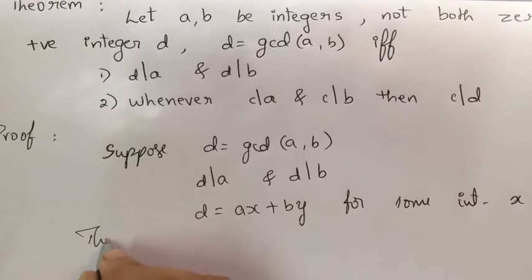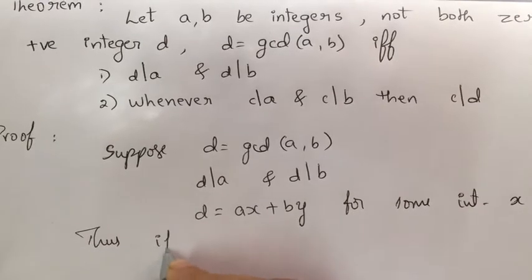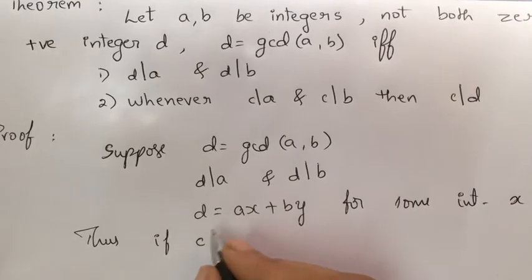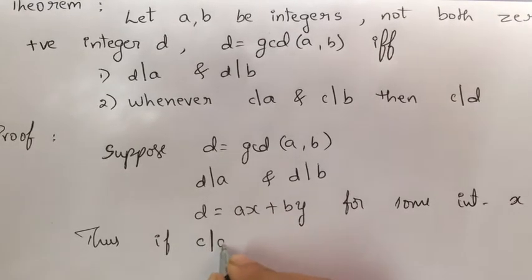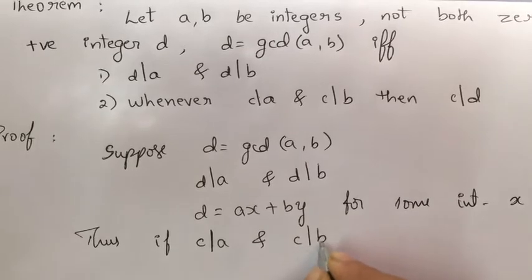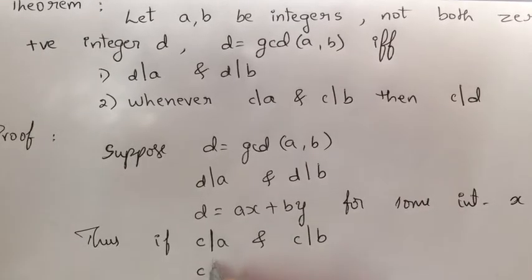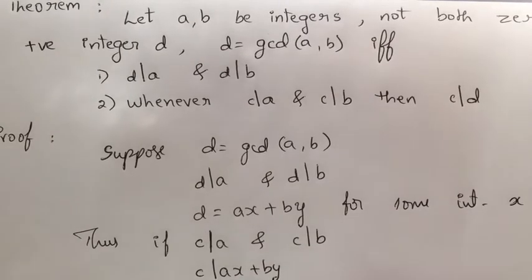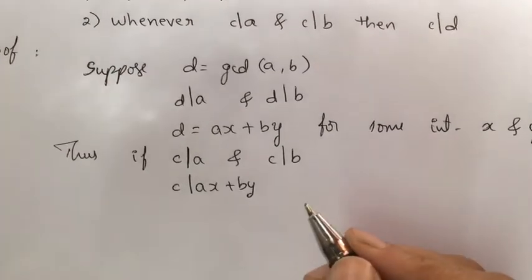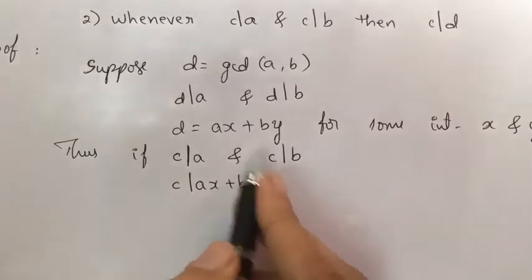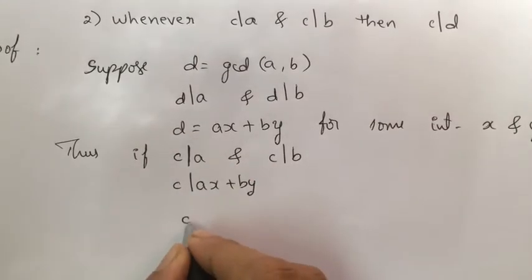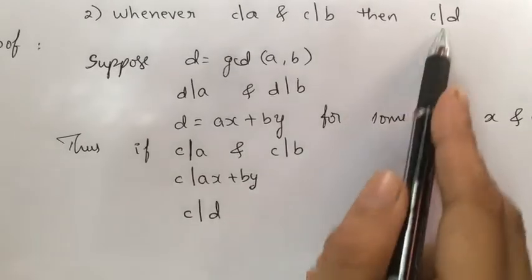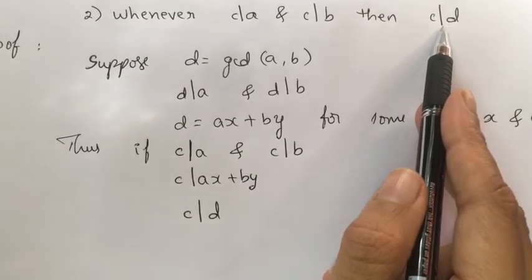If c is any divisor of a and b, if c divides a and c divides b, then c must divide ax plus by, right? What is ax plus by? It is nothing but d. So c must divide d.